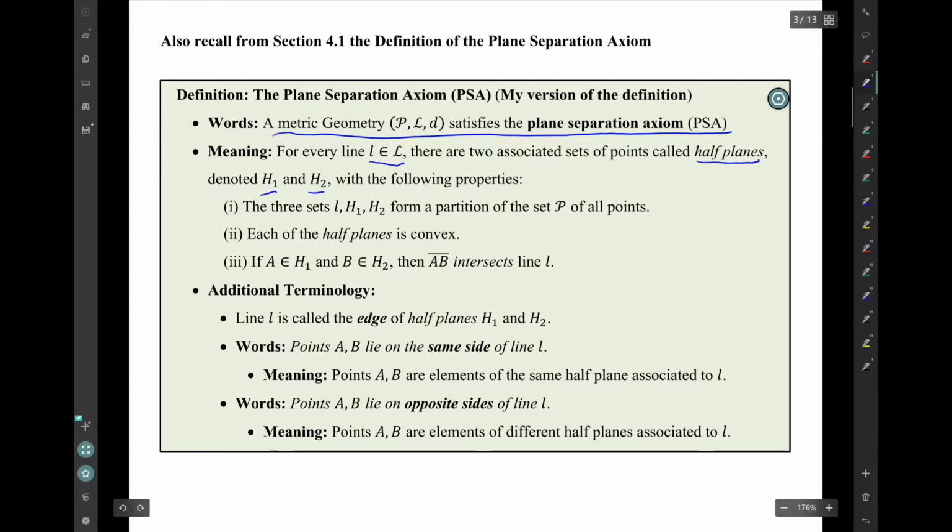Property 1 is the three sets, the line and those two half planes, form a partition of the set of all points. Property 2 is that each of the half planes is convex. And finally, property 3 says if a point A is an element of half plane 1 and a point B is an element of half plane 2, then segment AB intersects line L.